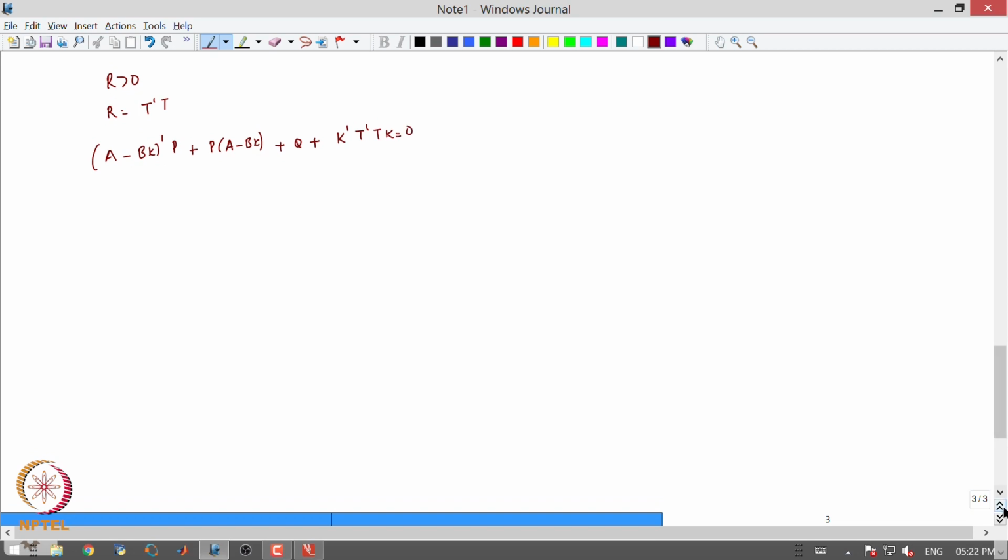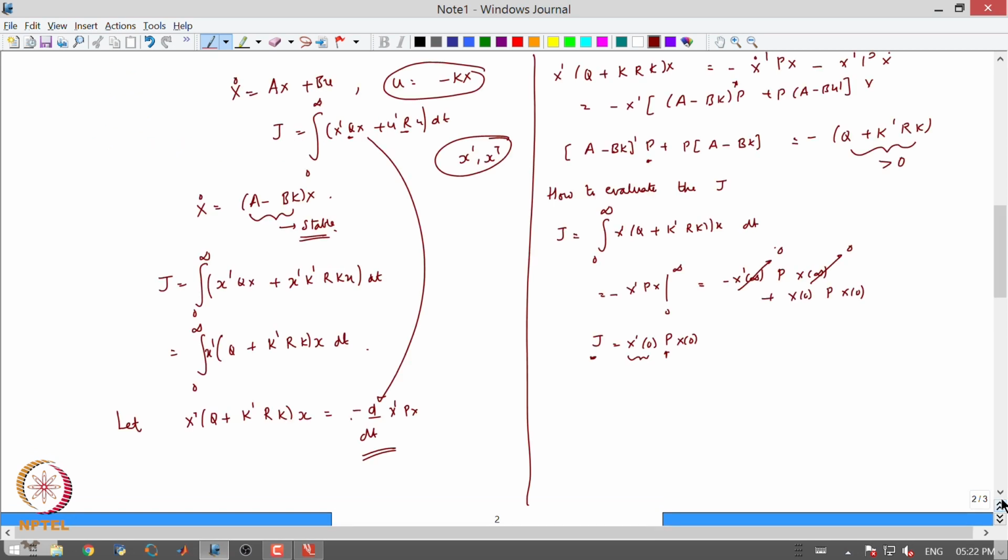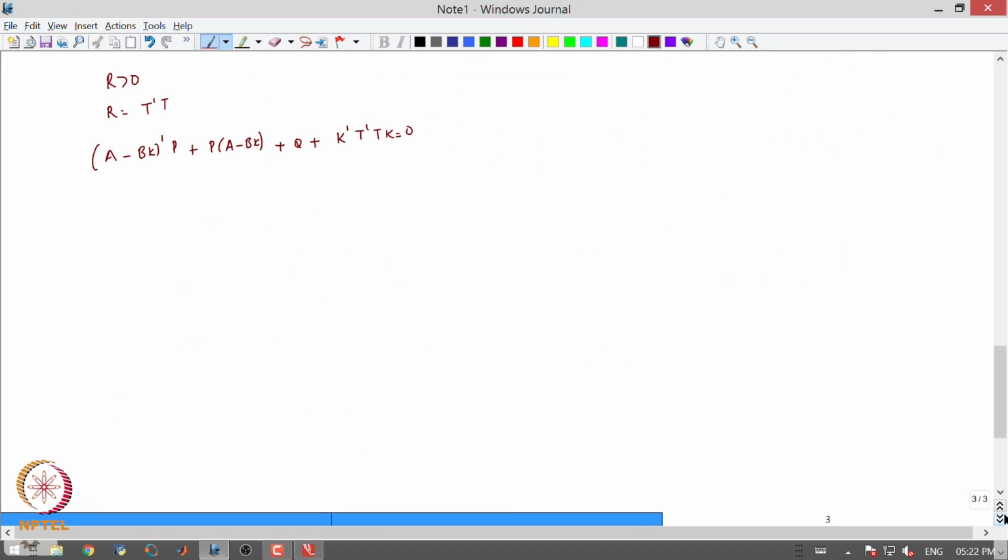Okay, where did this come from? For R, I just substitute R equal to T transpose T.